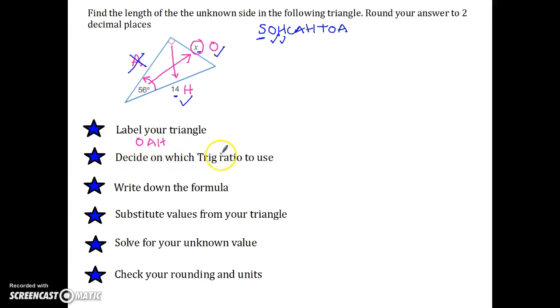So which trig ratio are we going to use? It's going to be sine, and we need to write down the formula. So we start every calculation with the formula, and we know that sine theta is opposite over hypotenuse, because that's what this says. So we've labelled the triangle, we've decided on sine, we've written down the formula. Now we're going to substitute the values from your triangle.